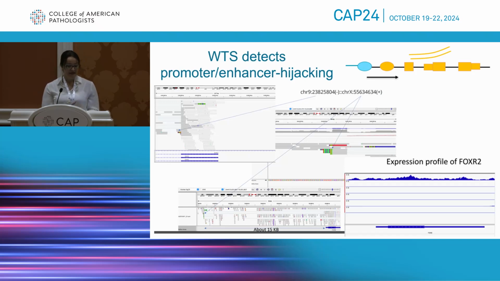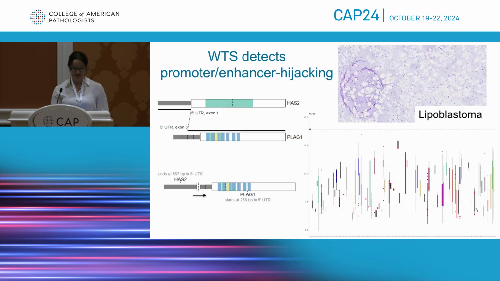And another good indication for whole transcriptome sequencing testing is to detect promoter or enhancer hijacking. So this is a mechanism where, instead of having a fusion that joins two different exons to activate a certain pathway, there is a chromosomal translocation, and the promoter of a gene, which is demonstrated in blue, gets into close proximity to another gene and leads to activation of the gene that's downstream.